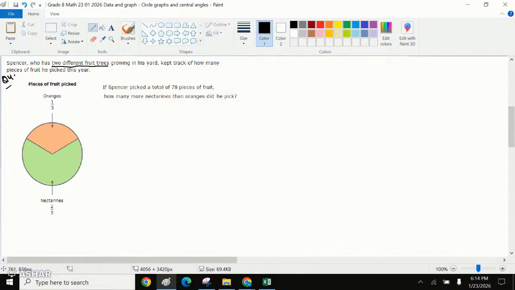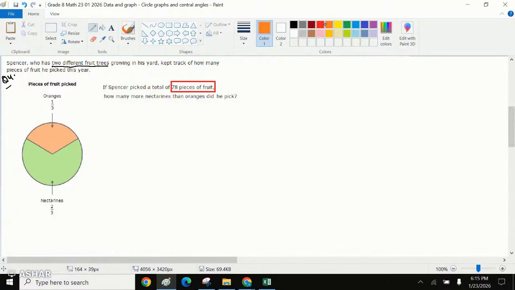If Spencer picked a total of 78 pieces of fruit, this is the given information. 78 pieces of fruit. That means there were 78 fruits.